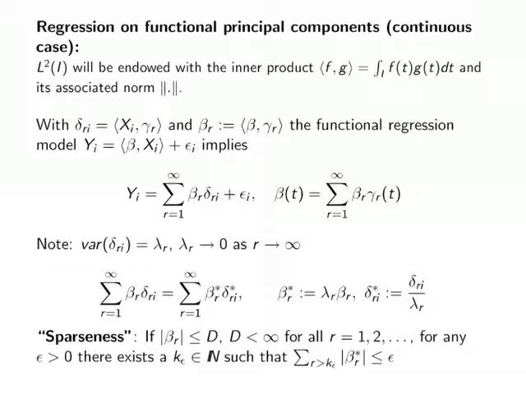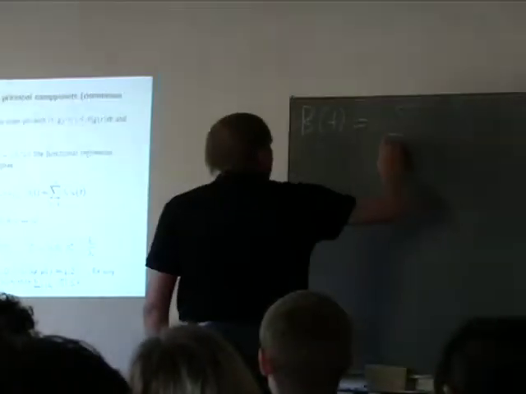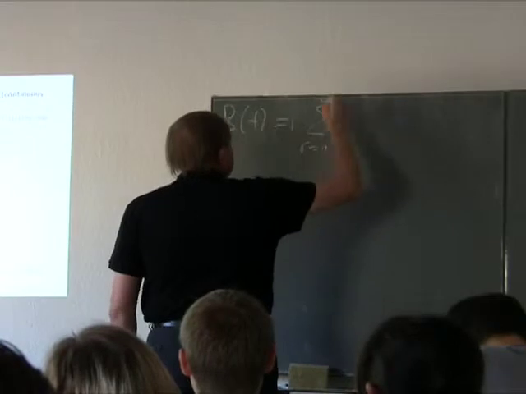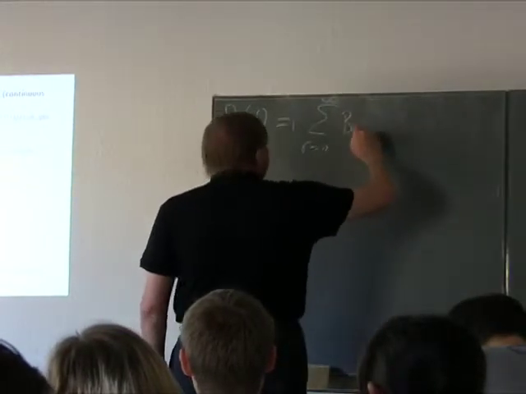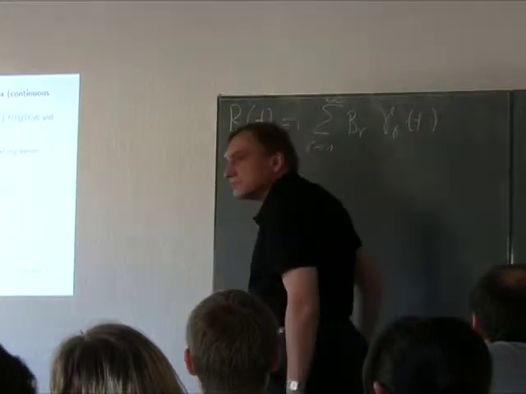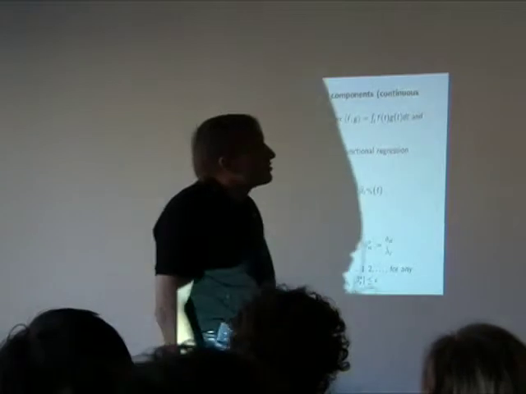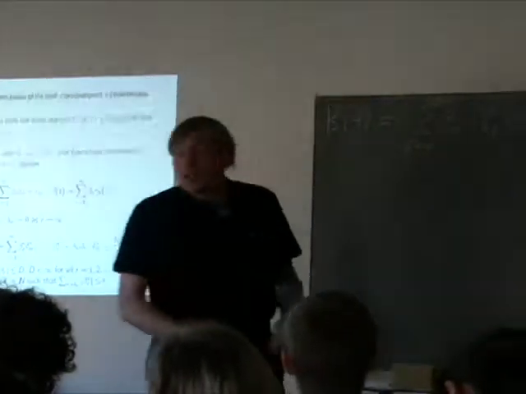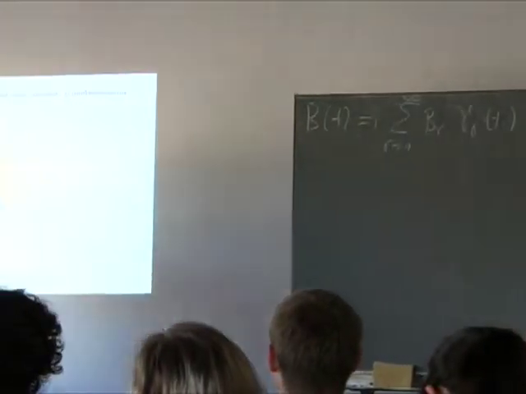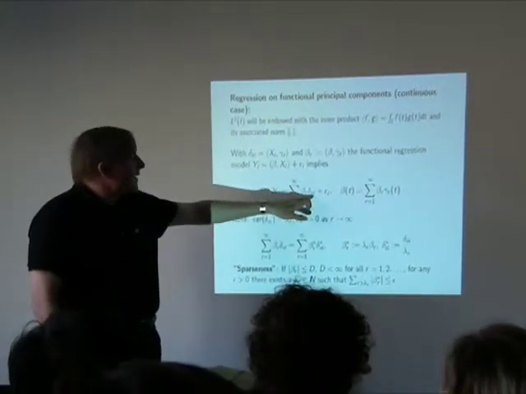You have something like that beta of t is then the sum over r from 1 to infinity of what I call here beta r times the rth eigenfunction. So you have an expansion in this context. And these are the coefficients of the betas, and the deltas are the coefficients of the xi. Okay? So you have something like new explanatory variables.